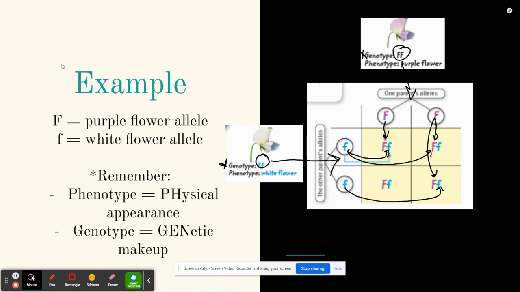When there's a big F and a little f, no matter what the letter is, it is going to be whatever the dominant genotype is. So we said the big F is the dominant purple flower. Because it has a big F and a little f, we're going to go with that dominant, and all of the offspring in this cross would result in purple flowers.